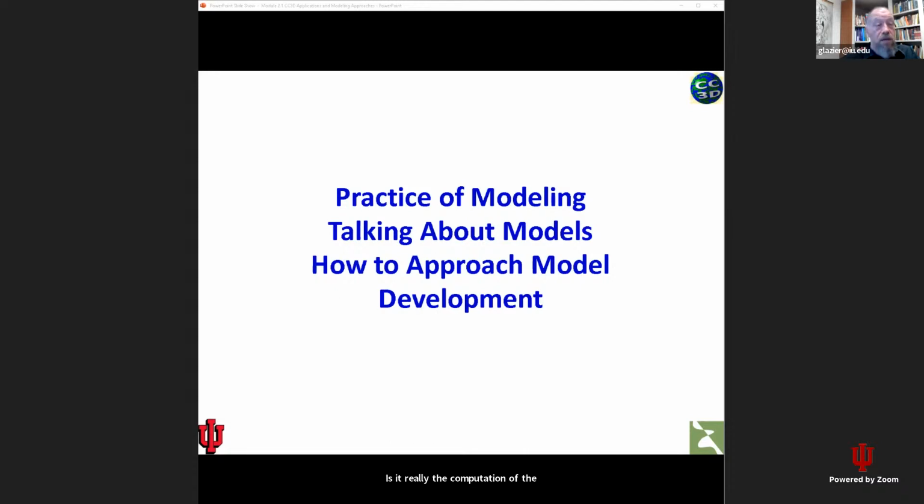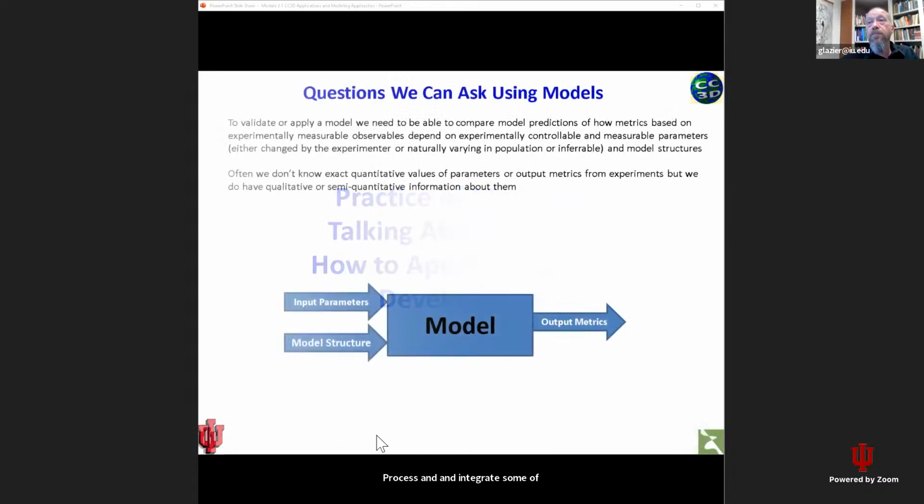The hardest part is deciding what you're going to model and what's a meaningful question. And so the things I'm going to talk about now may seem a little bit abstract, but I hope that they will be useful to you as you go forward. And I think having these in the back of your mind may help you process and integrate some of the things that we're going to cover in class.